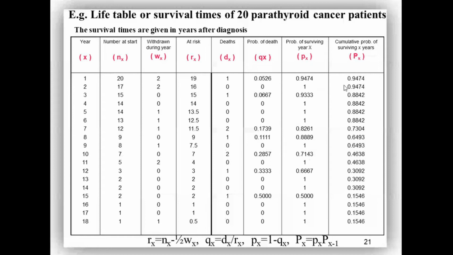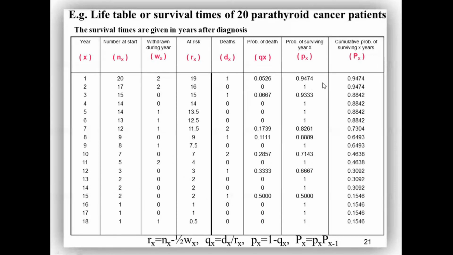For example, for year 2, capital Px means the probability of surviving from the beginning up to the end of year 2. That means the probability of surviving year 1 and year 2. When x is 2, capital P2 means the probability of surviving year 1 and year 2.